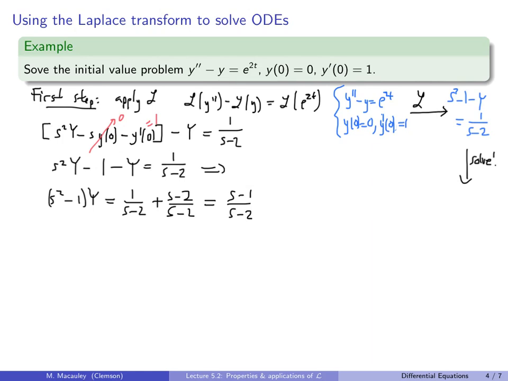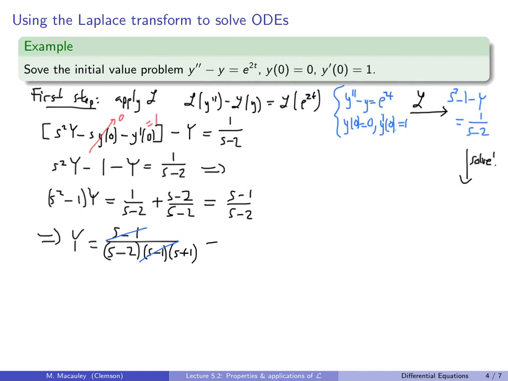So we get that Y equals s minus 1 over s minus 2, and then this s squared minus 1, I'm going to factor that as s minus 1 times s plus 1. And now that is going to cancel with that.